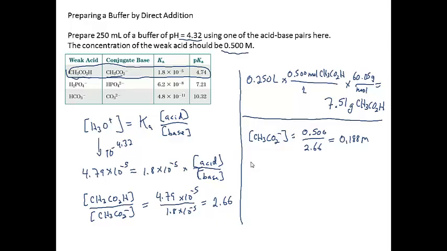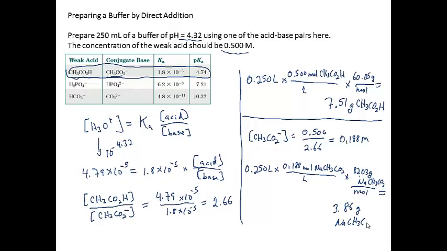So we take 250 milliliters, 0.25 liters, times 0.188 moles of sodium acetate per liter, times the molar mass for sodium acetate, which is 82.03 grams of sodium acetate per mole. That gives us our mass of sodium acetate, and it comes out to 3.86 grams.